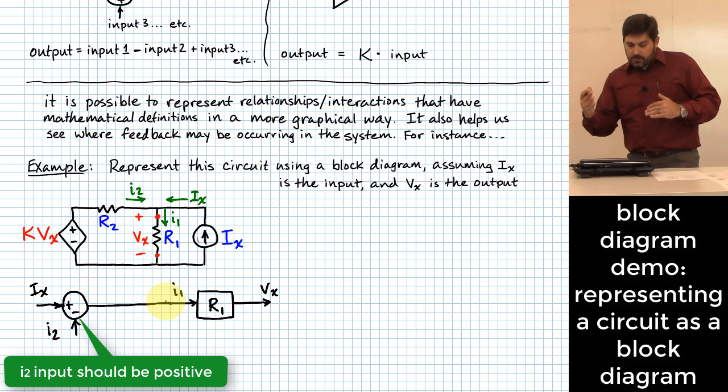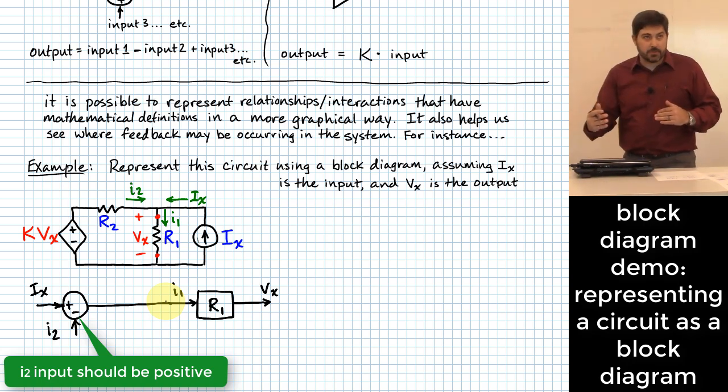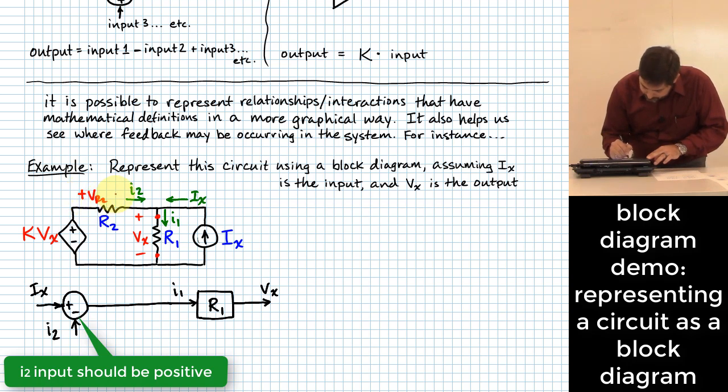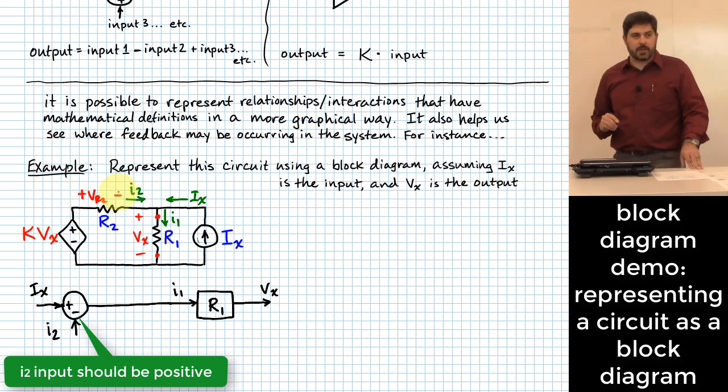Okay, R2 allows us to relate I2 with another voltage that I don't even have labeled up here, but let me label it. Let me call it VR2, and I'll show it up there like that.